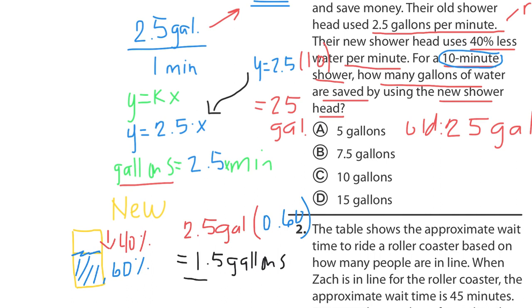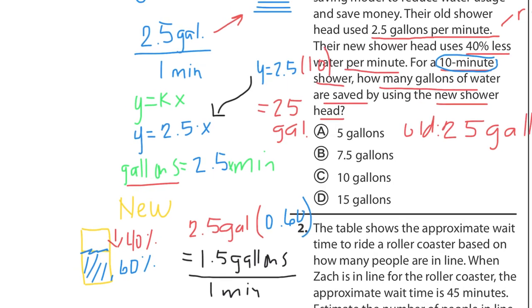That's how much water comes out of the new shower head. So we have 1.5 gallons per minute. It's our unit rate.